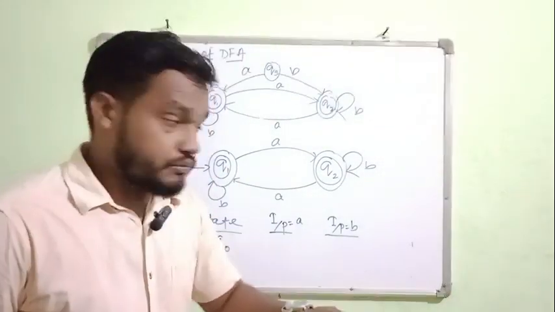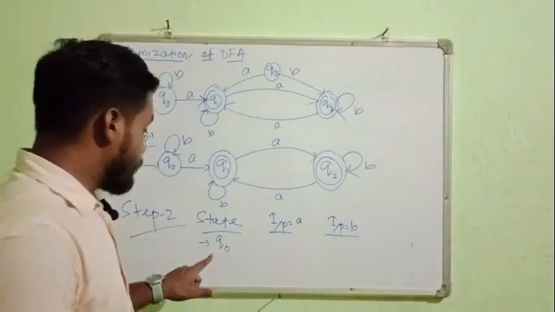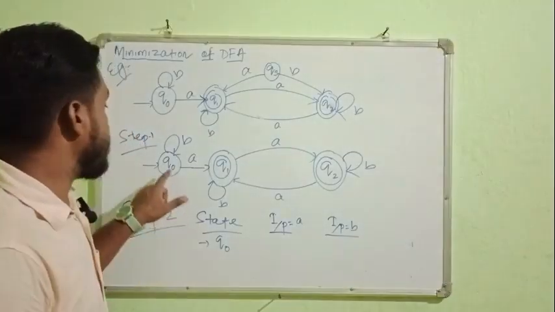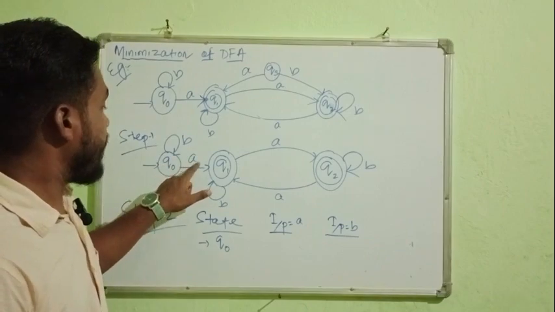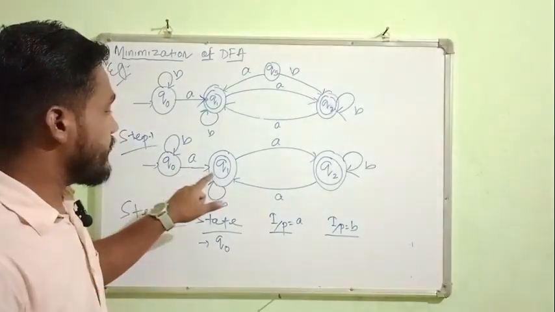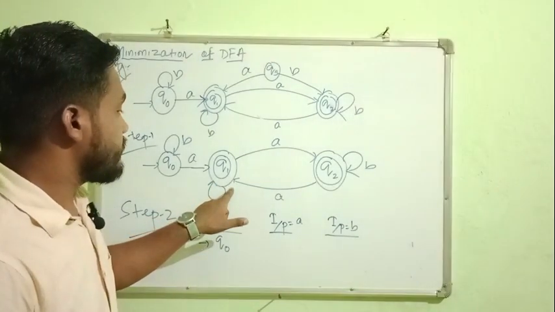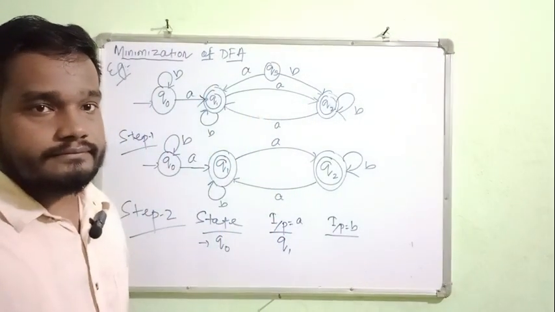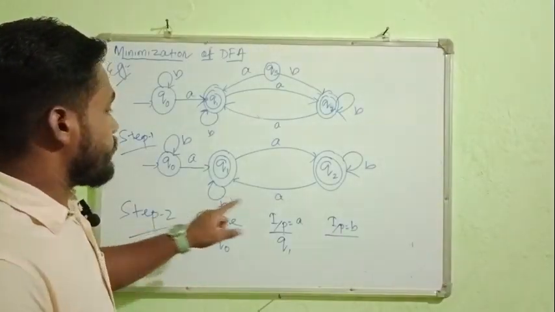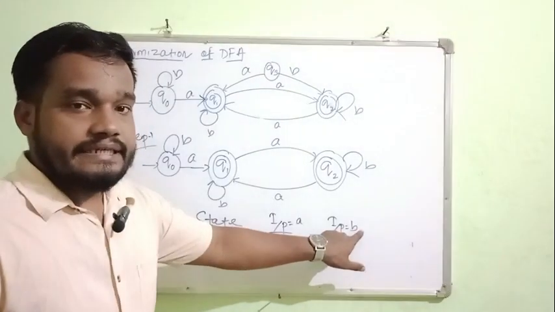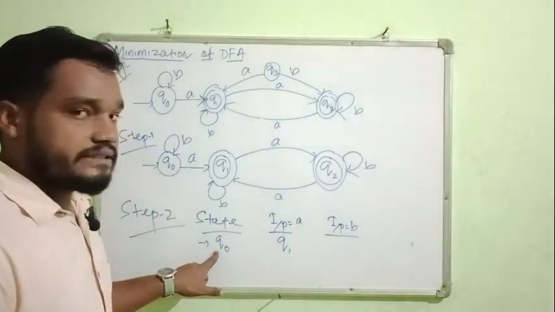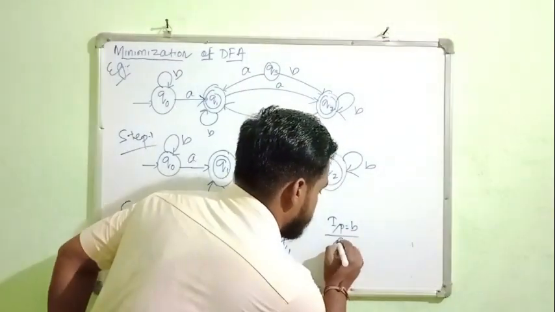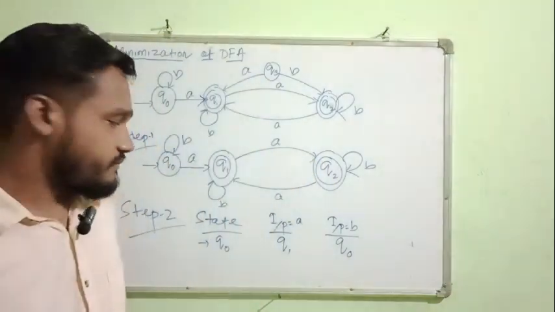If we put A in Q0, it arrives at Q1. If we use B as an input in Q0, it arrives at Q0 itself.